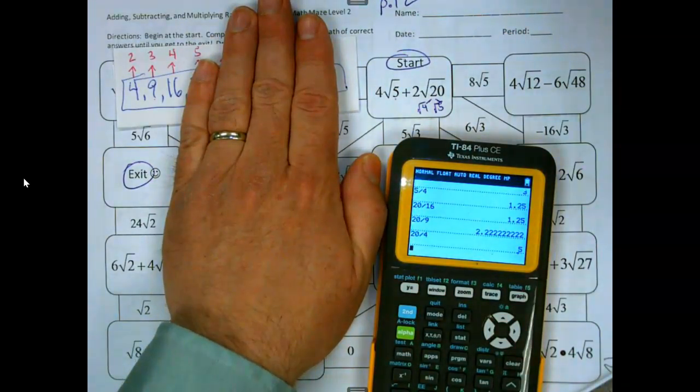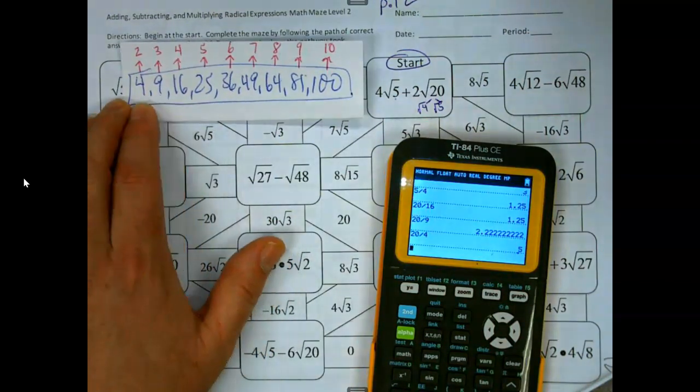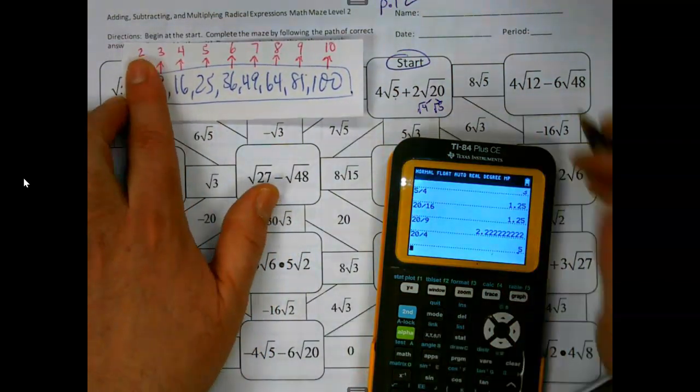So 4 and 5, but only the 4 breaks down to 2.